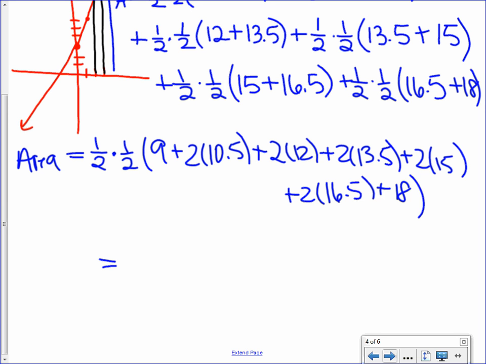What is our area? Not unless there is a unit given to you in the problem.